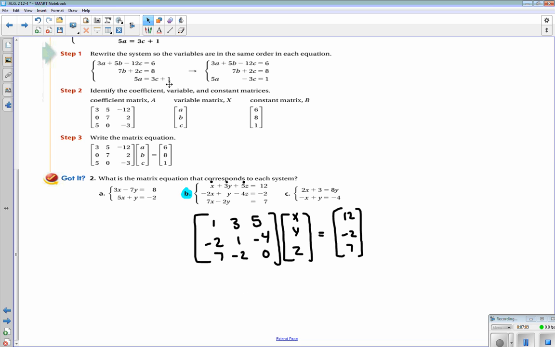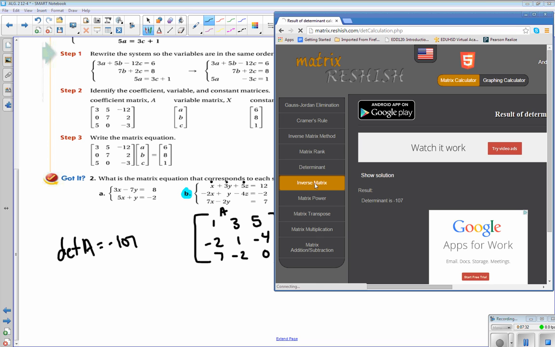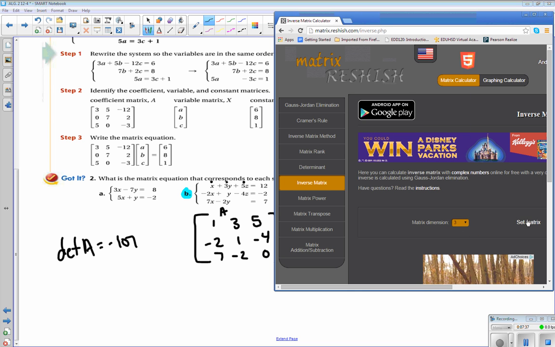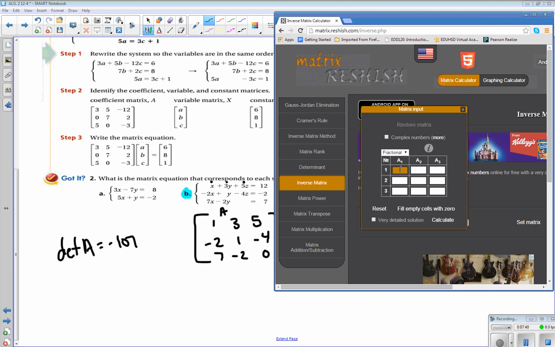Now it's a little bit funny to shift all these coordinates around, so one thing we can do is have the inverse calculated. So let's have it calculate our inverse.